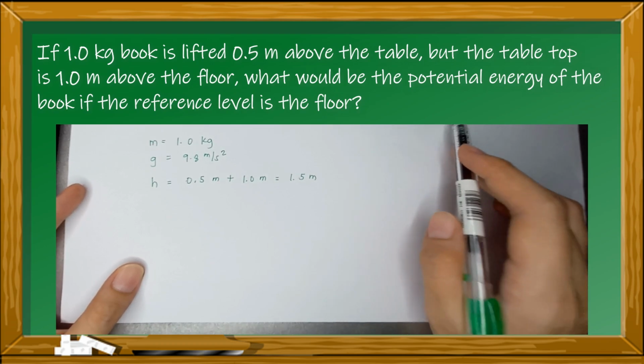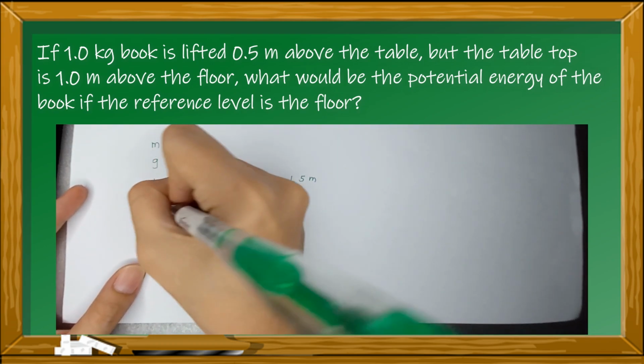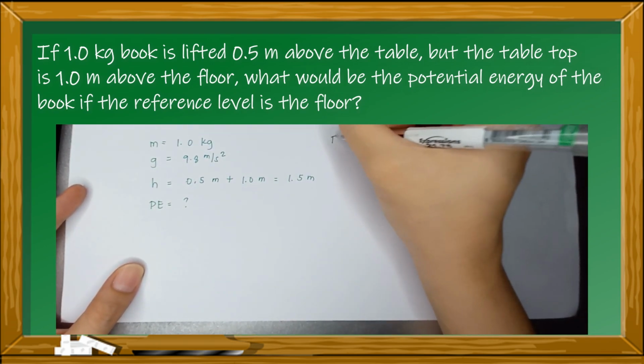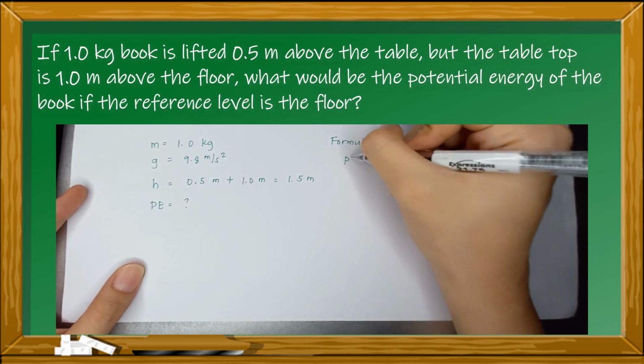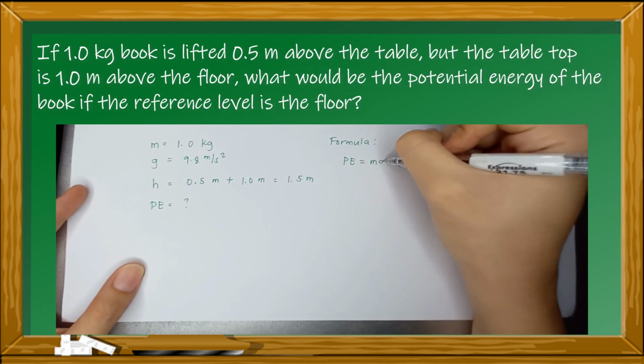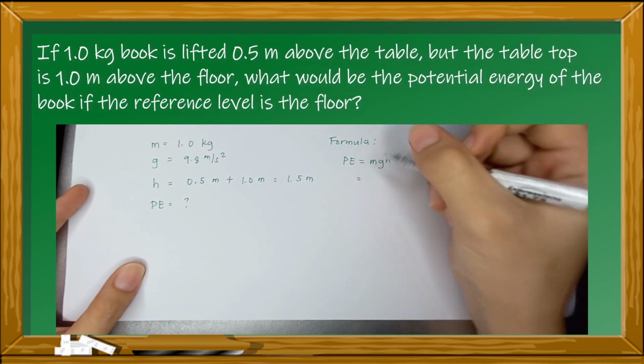Then we're going to solve for the potential energy. The formula that we're going to use is PE is equal to mass times gravity times height.